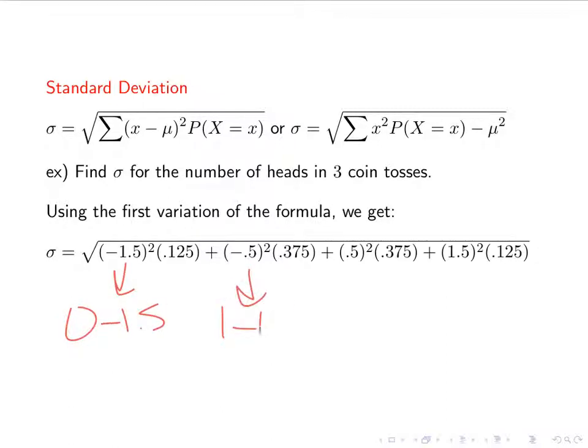Here is 1 minus 1.5, 2 minus 1.5, and then 3 minus 1.5. So the values minus the mean, we square them and then multiply by the probabilities. Once we do that, we get the square root of 0.75, which is roughly 0.866.